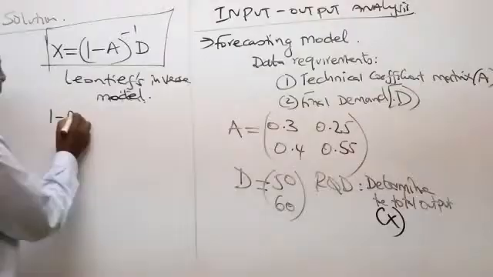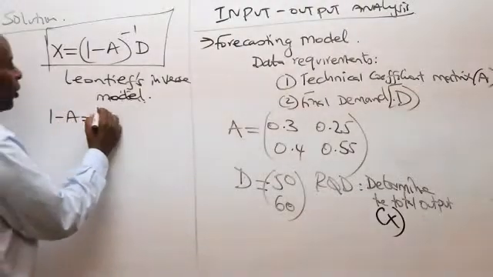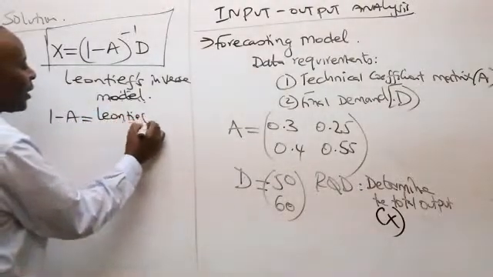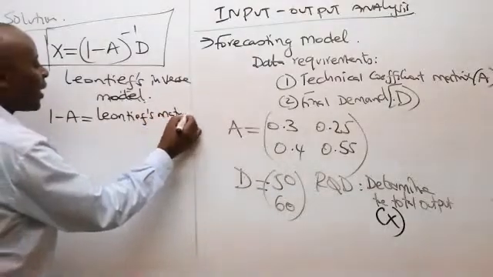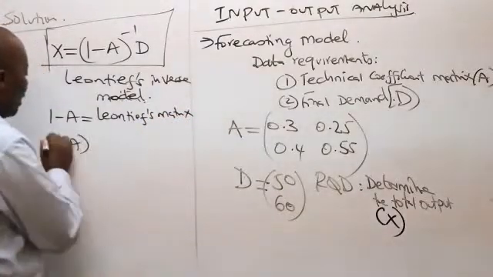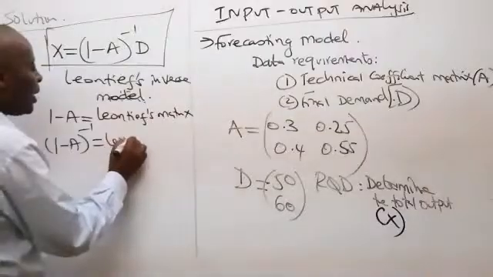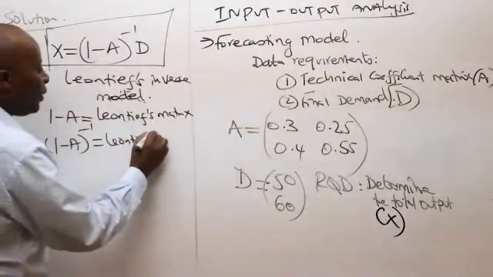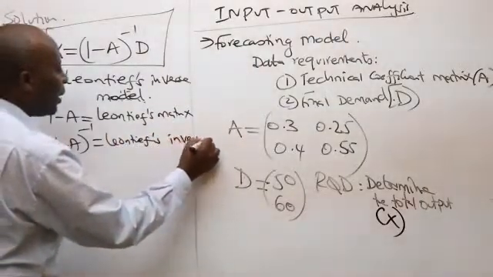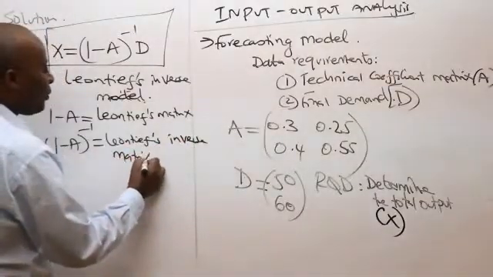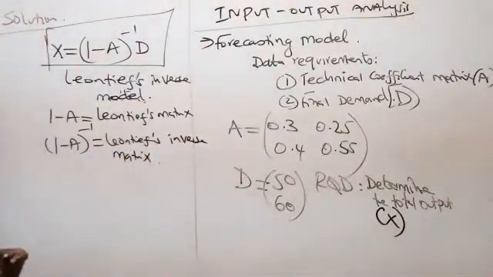It is this I minus A that we call the Leontief matrix, and I minus A inverse is the Leontief inverse matrix.